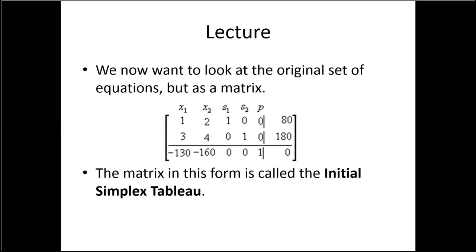When you have it set up like this with all of your variables in one place, and the quantity you want to maximize or minimize is at the very bottom, this is called the initial simplex tableau. This is something that you'll see pretty often because, as I mentioned, almost any real-world problem will have something that you want to maximize or minimize.